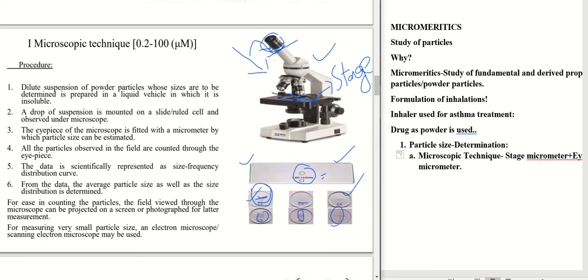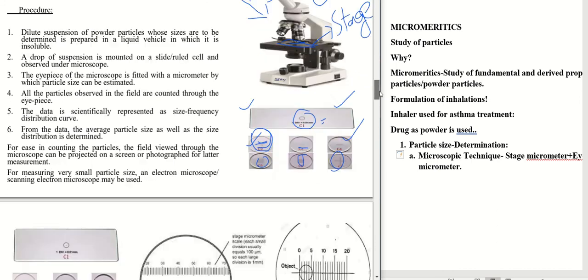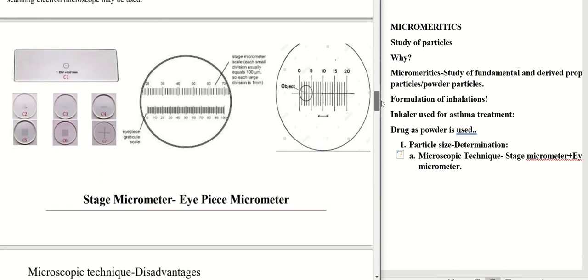How can we calibrate the micrometer? It is very simple. Suppose we are observing under the microscope through the eyepiece; we will be able to see the eyepiece micrometer graduations like this and the stage micrometer graduations like this.